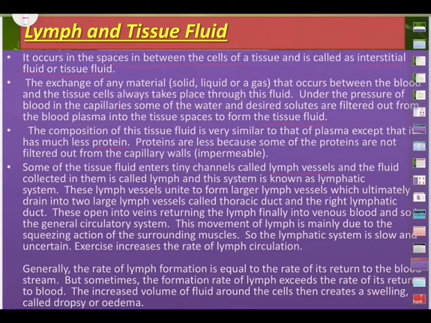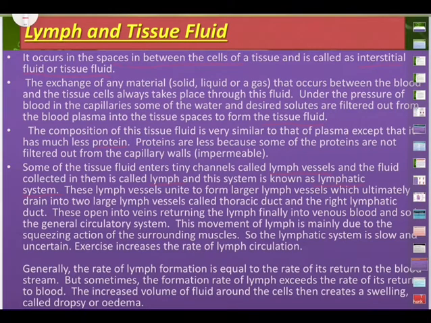Just like blood vessels, we have lymph vessels, and the fluid collected in them is called lymph. This system is known as the lymphatic system. Like the blood circulatory system, it is the lymphatic circulatory system.